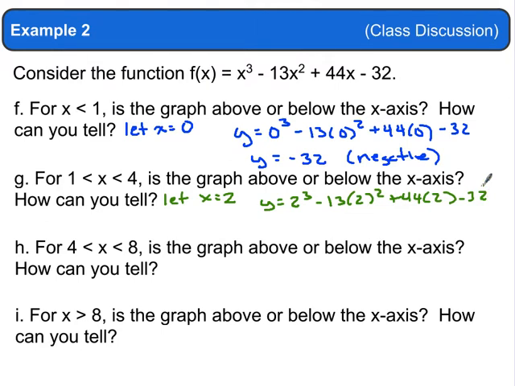So we'll type in 2 to the third power minus 13 times 2 to the second power, which is 4. And then we're going to add that to 44 times 2, and we're going to minus 32. And we're going to get a y value that is equal to 12. So that's going to be positive.